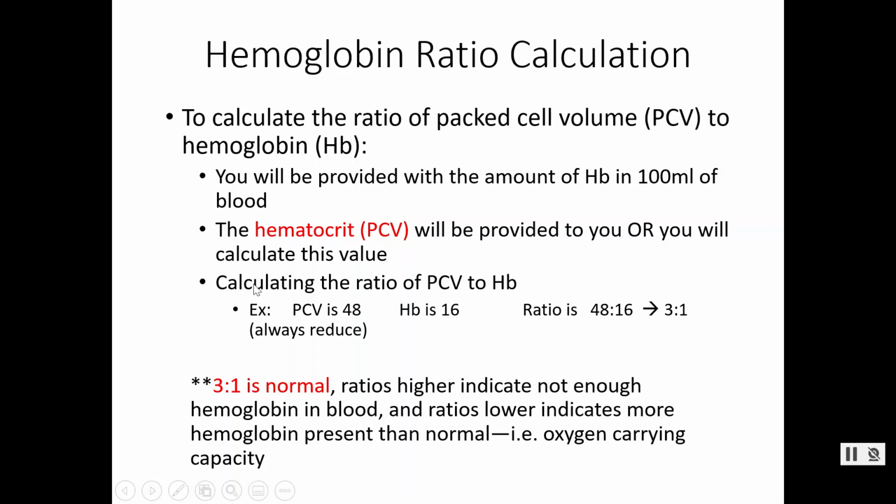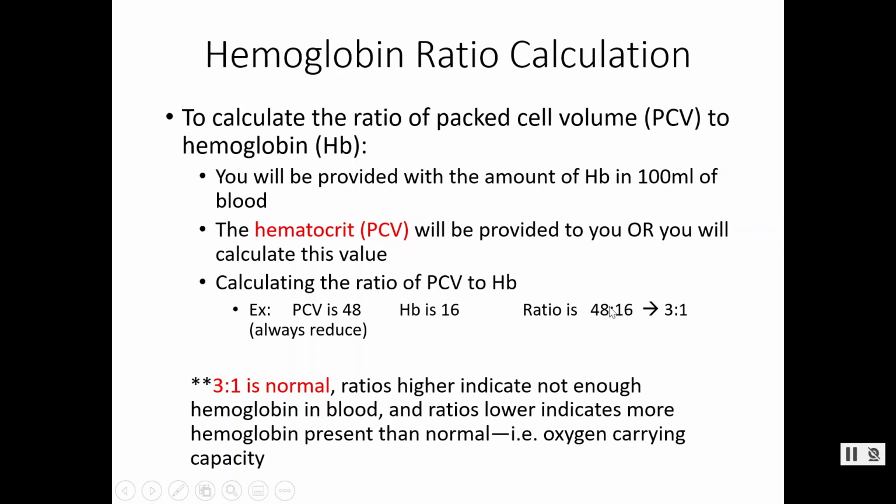Here's our first example. If we have a PCV of 48 and our hemoglobin is 16, then our ratio would be 48 to 16. And we are always going to reduce this to the lowest common denominator. The easiest way to do that is just to divide these two numbers.